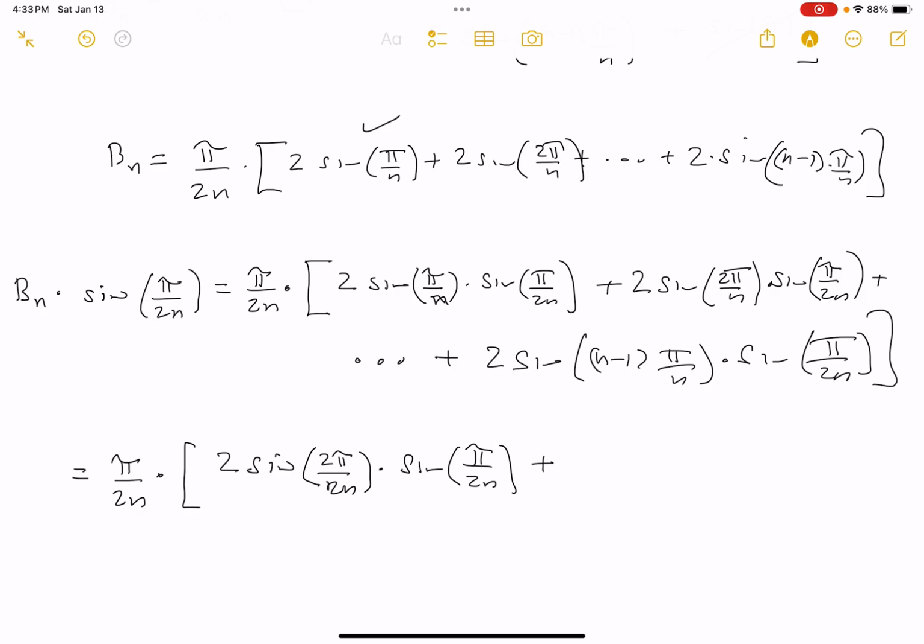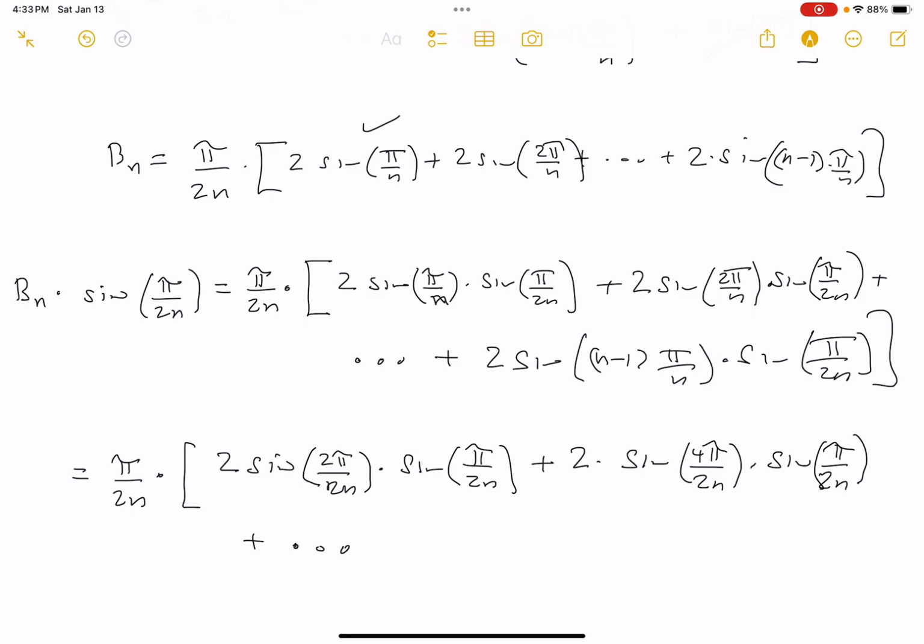Let's go to the next term. Again, I'm trying to get some understanding that this looks like the original thing that we just did. So that's going to be sine 4 pi over 2n times the sine of pi over 2n. All right, let's keep going.